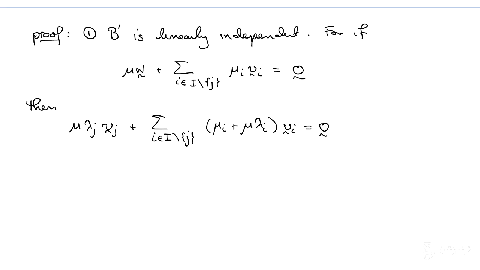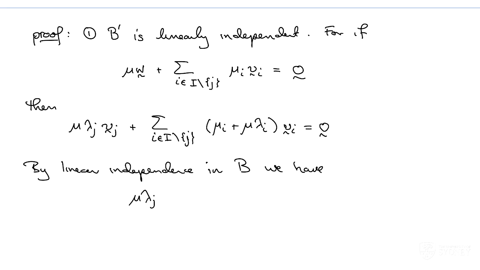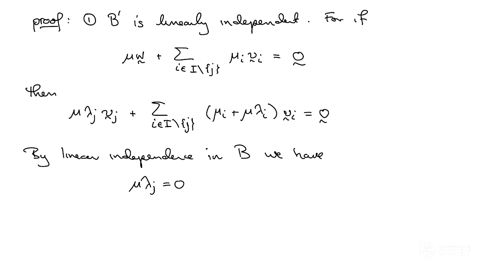But this is now a linear combination of elements of B, and B was a basis, so B is linearly independent. So that means mu times lambda j has to be 0, and all the other ones 0 as well.